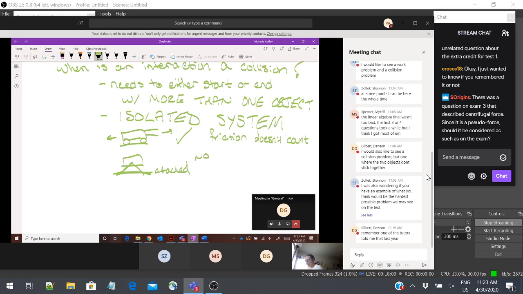No, because it has other forces interfering. Does that make sense? Right, so you can ignore friction, but you can't really ignore anything else. If it's tied down, it's a problem.